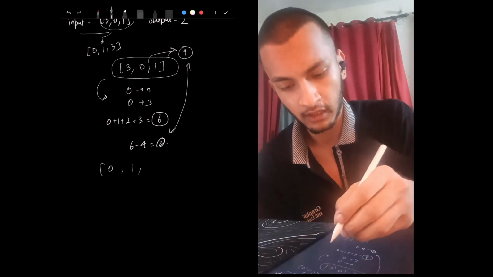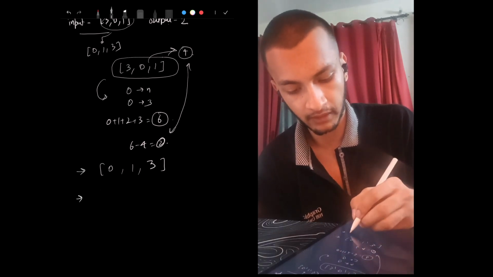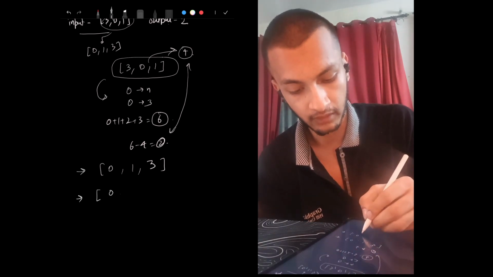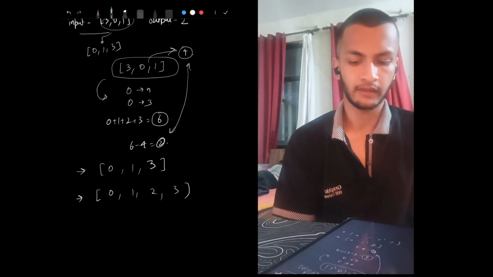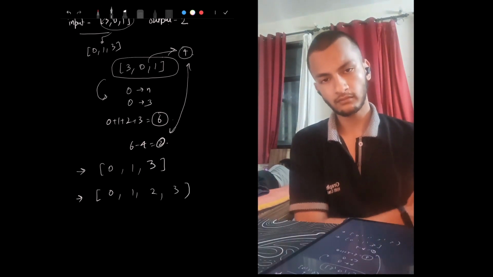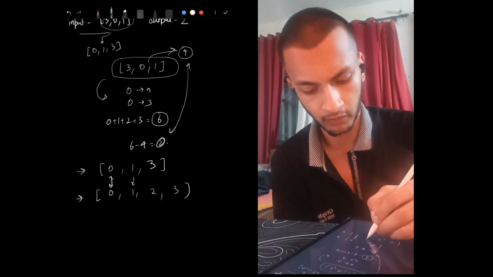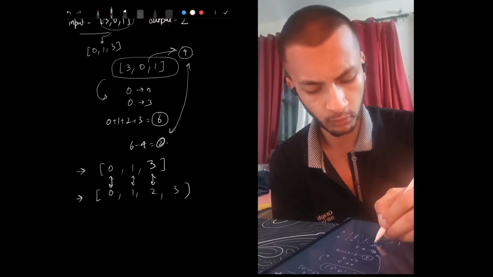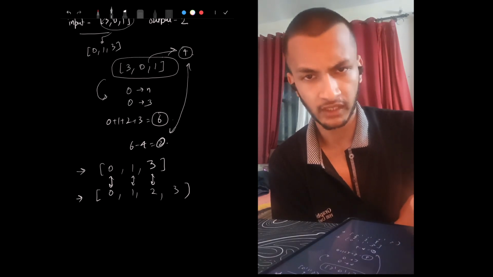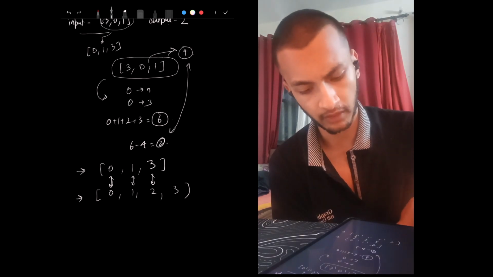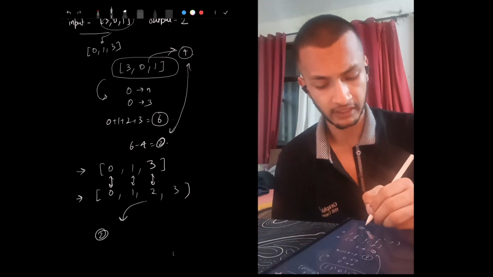So what I'll do, this is my main array, and I am comparing it with the array of the ranges. I will compare these elements. 0 to 0 found, 1 to 1 found, 2 to 3 not found, not the same there. So I'll figure out that the missing element is 2.